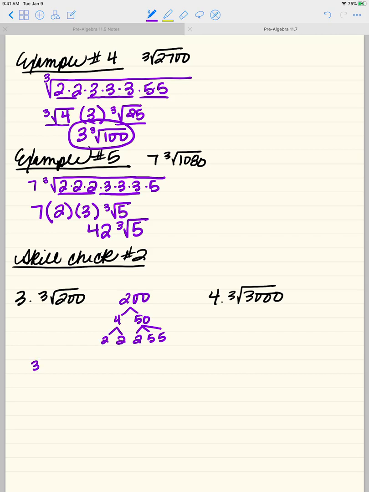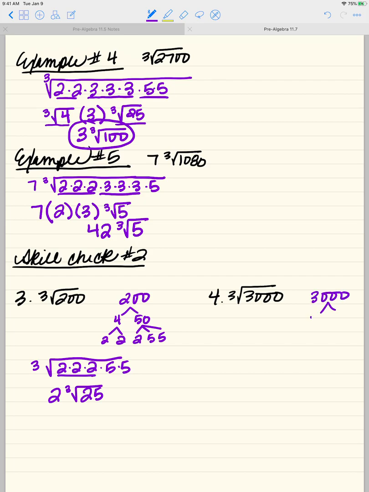So we end up with the cube root of 2 cubed times 5 times 5. Cube root of 2 cubed is 2 times the cube root of 5 times 5 is 25, okay?